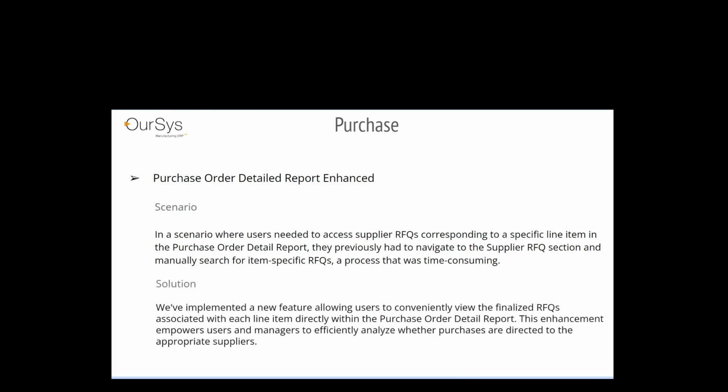To tackle this, now we have made it easier for the user to view the finalized RFQ directly within the purchase order detailed report. This means that the manager and user can easily check if the purchase is from the right vendor without having to search separately.